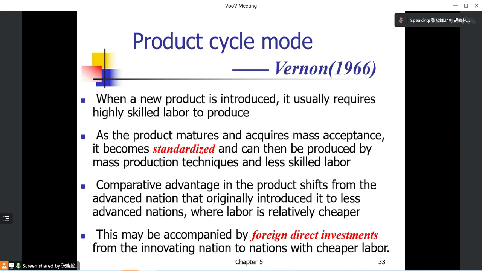Most of the industry belongs to the labor intensive industry or the capital intensive industry.